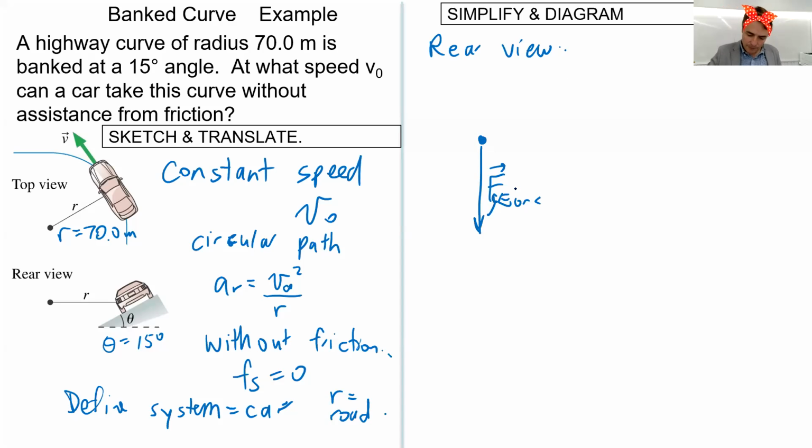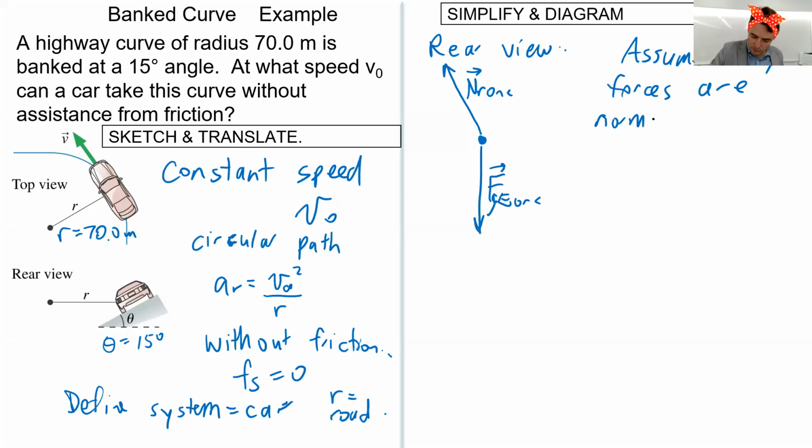And then from this angle, you've got a normal force perpendicular to the road surface, of the road on the car. So we're going to assume that the only forces on this car are normal and gravity, because there's no friction.